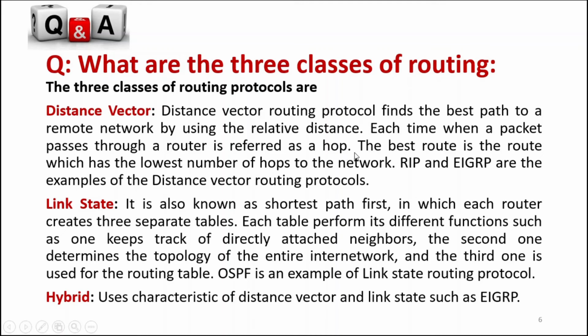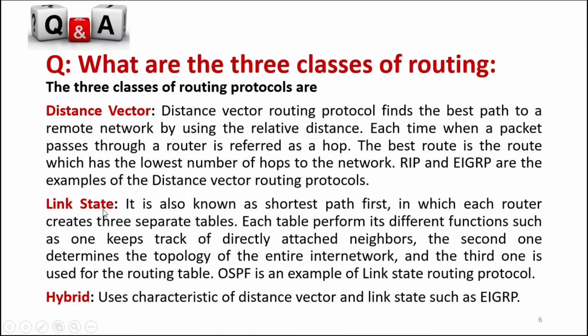The best route is the route which has the lowest number of hops to the network. RIP and EIGRP are examples of distance vector routing protocols.